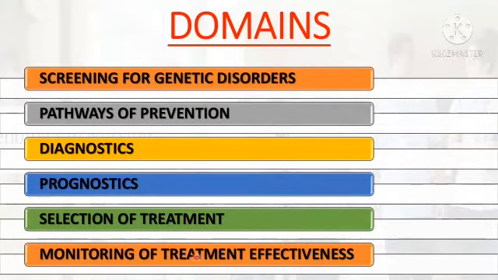Almost everything we have to do: screen, tell them the pathways of prevention, tell the patients about treatment options available, counsel them about the prognosis of the genetic condition, help them in selecting the treatment, and finally, monitor the treatment effectiveness.